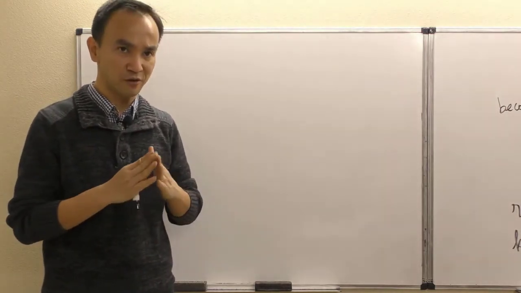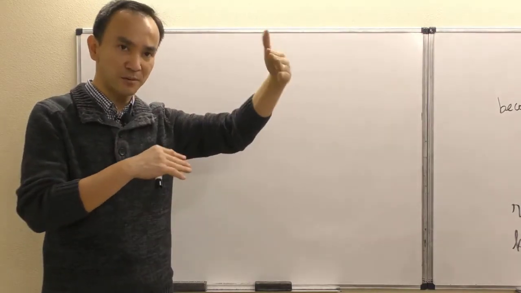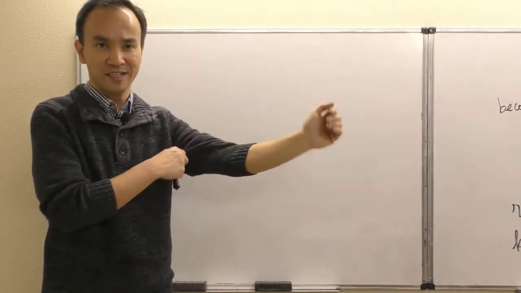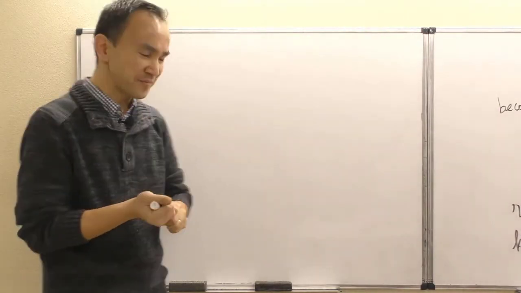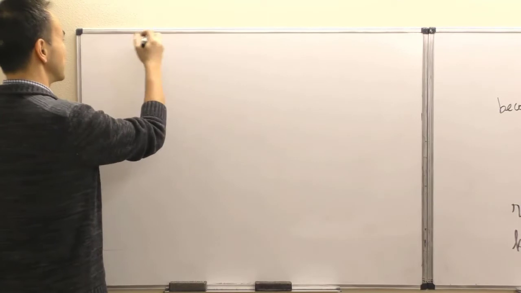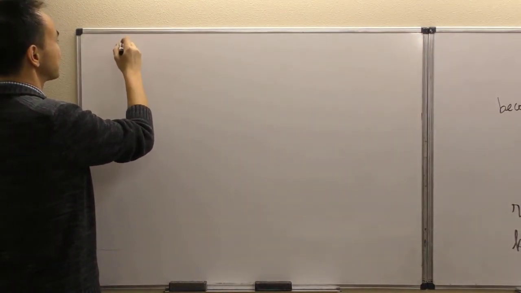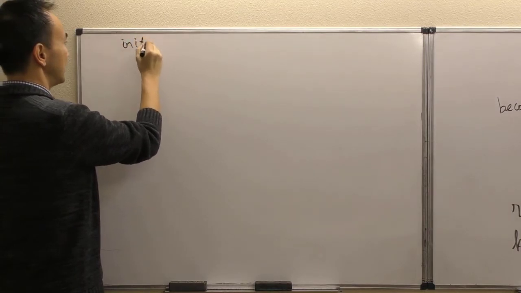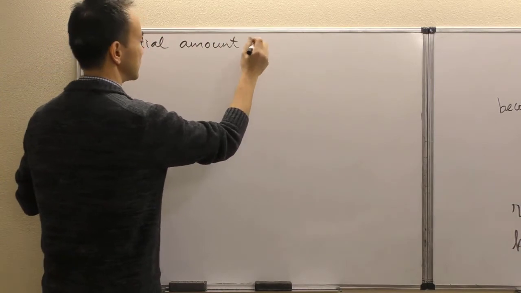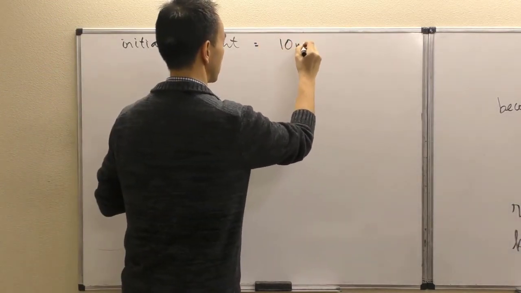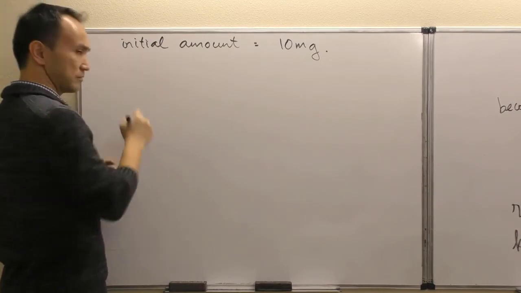So now there's a decay: a population that's losing itself, rather than getting bigger. The population we're looking at here is a quantity of bismuth 210. We have an initial amount of 10 milligrams that it started out with.